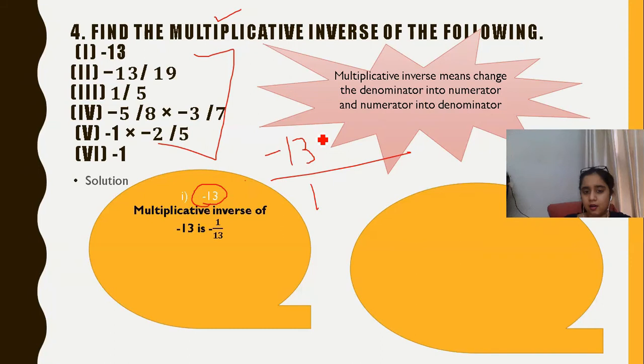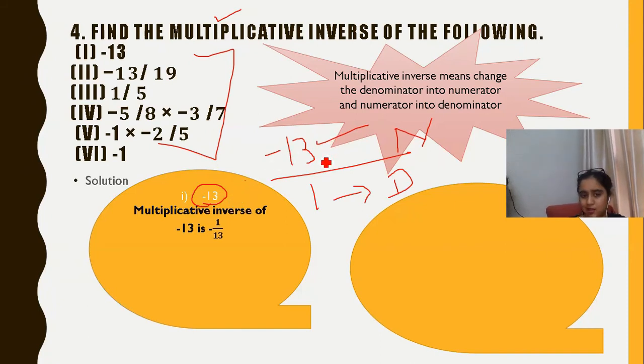Like this, the above value is the numerator, minus 13 is the numerator, and that one is the denominator. We can write minus 13 as minus 13 upon 1 because this one has no value.